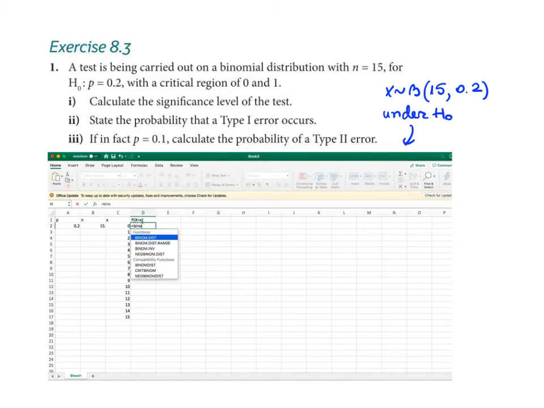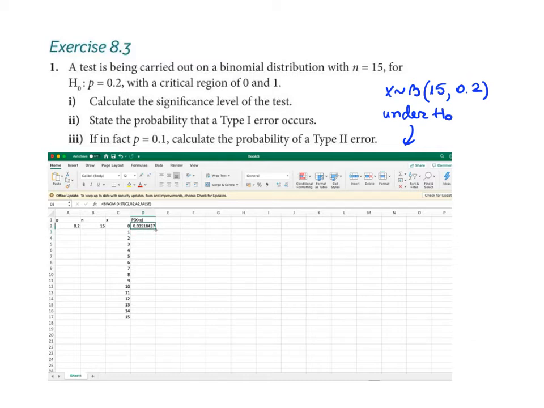There is a function, BINOM.DIST, with parameters x, n, and p exactly in that order. It also wants another parameter, and I type FALSE. FALSE means the probability distribution function is calculated and not the cumulative one.